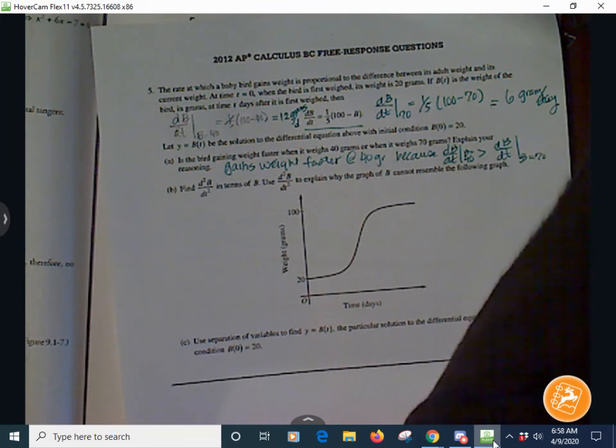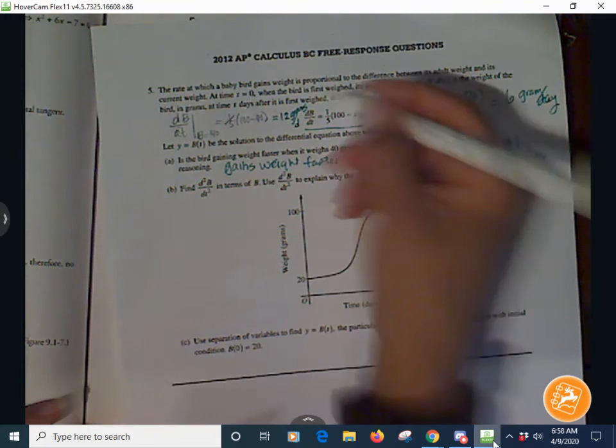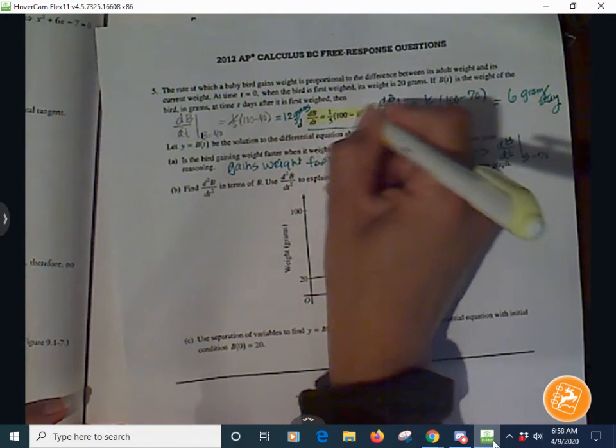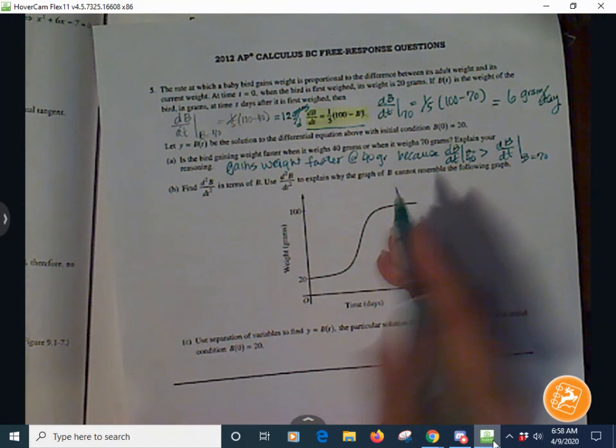Let me highlight that since it's kind of hidden now. Okay, taking the derivative of that expression right there, because that's the first derivative, so now we want to do the second derivative. We want to do it in terms of B.